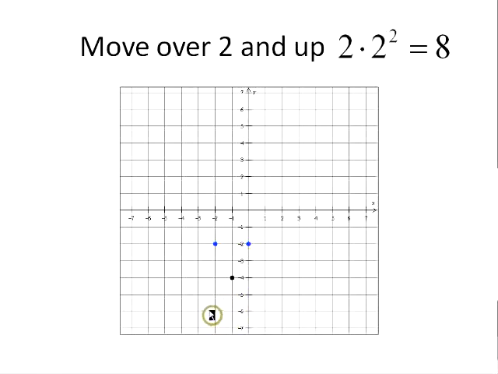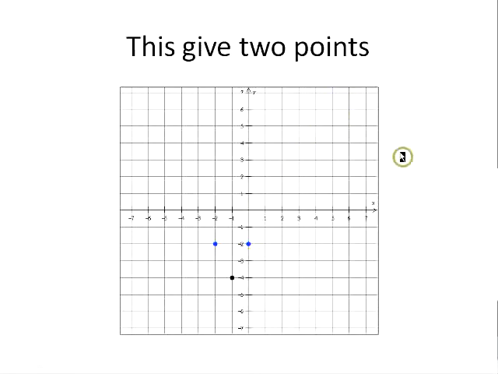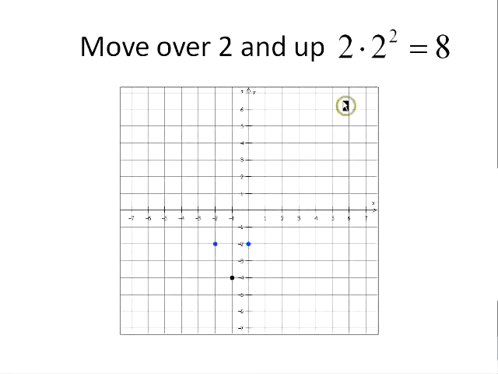Let's find 2 more points. If we move over 2, we're going to go up 2 times 2 squared. This first 2 is the A. I messed up here. My mouse is not where I want it. So this 2 here is the 2 from the A. This 2 is the 2 that we're moving over, and then that has to be the squared.